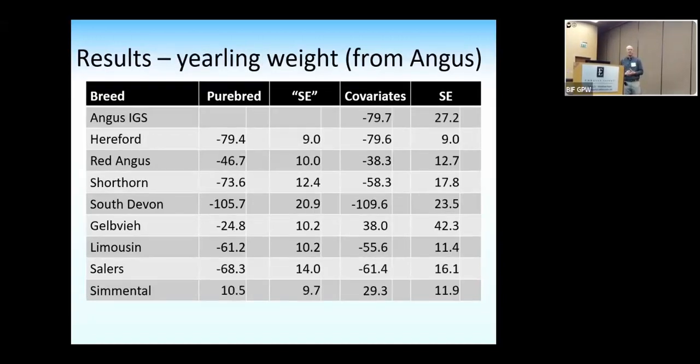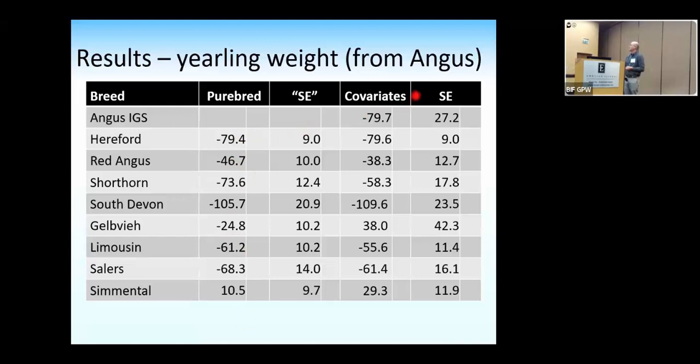If I look at yearling weight, things get a little tougher. This is a place where we need to figure out and talk a little bit more, of course. But covariate still, Hereford, my benchmark, is still doing what I expect here. For the most part, a lot of these actually end up rising rather than deviating further.